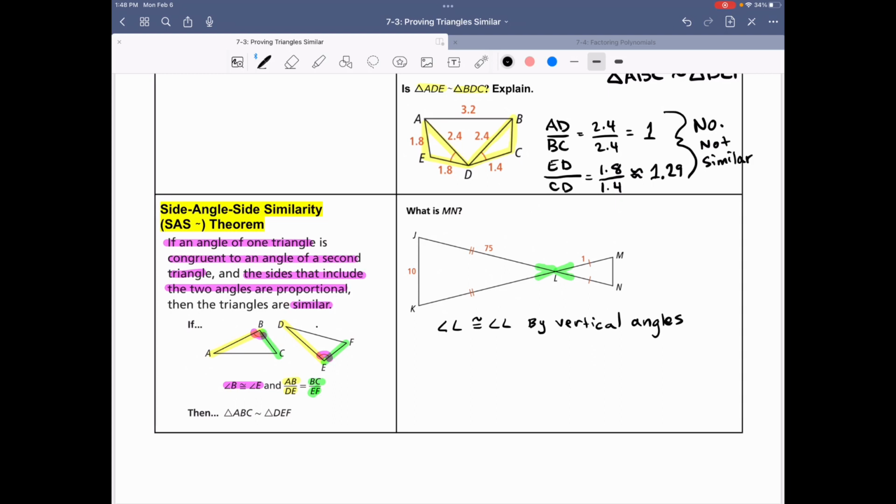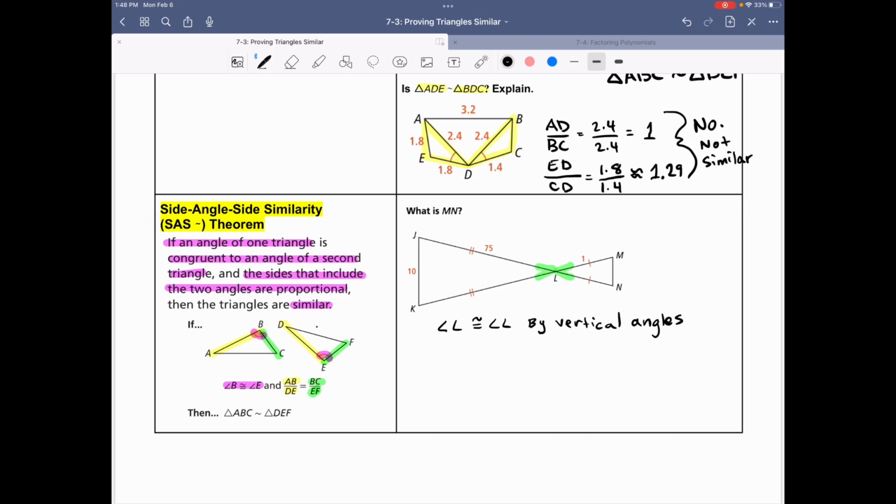Then we want to see what side MN is. Oh no, we don't need an assumption, because we have the two sides.